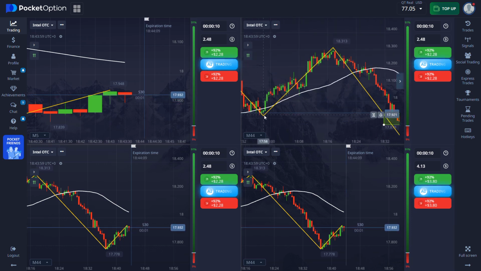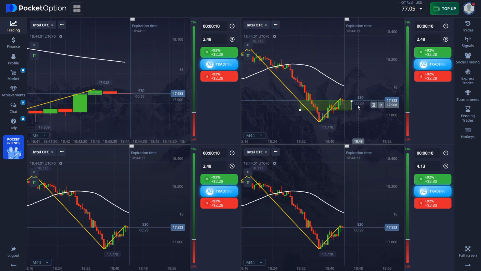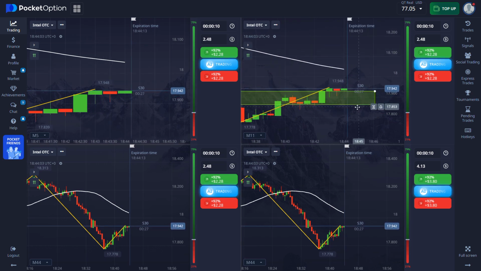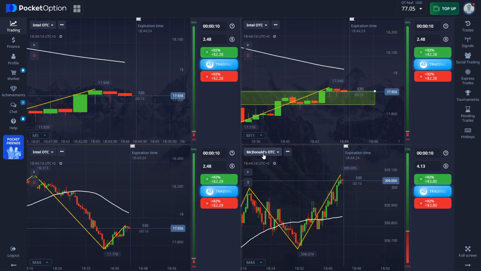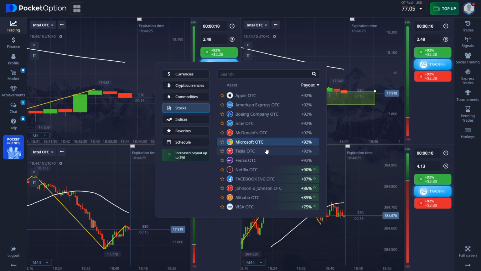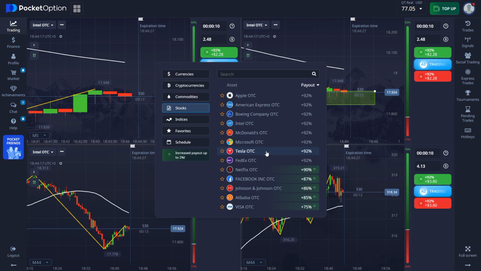In the past this was support right there. So we're looking to see the price come into the 50 and get rejected.